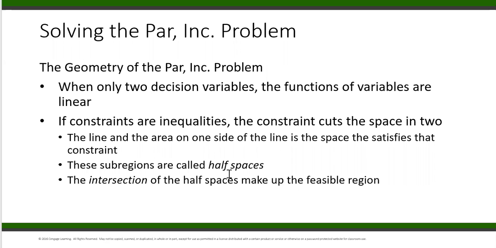The other one is going to be infeasible. The intersection of all these 6 half spaces, in our case we have 6 constraints, so we will have actually a maximum of 12 half spaces. The intersection of the 6 feasible half spaces is going to make our feasible region.